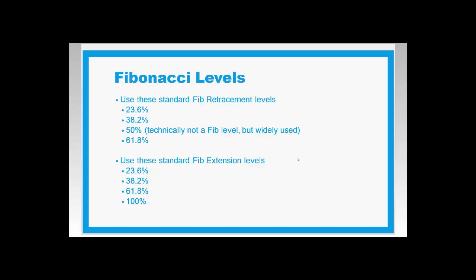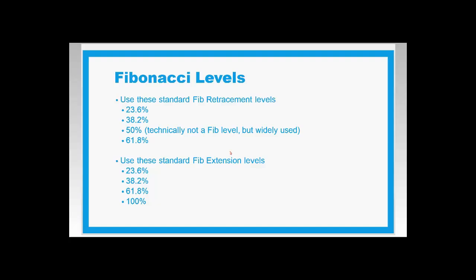The first thing you should talk about when you're talking about fibs is what levels you're going to use. I'm not going to get into how they're calculated. It's pretty straightforward, actually, but there is some difference in what percentages people use.